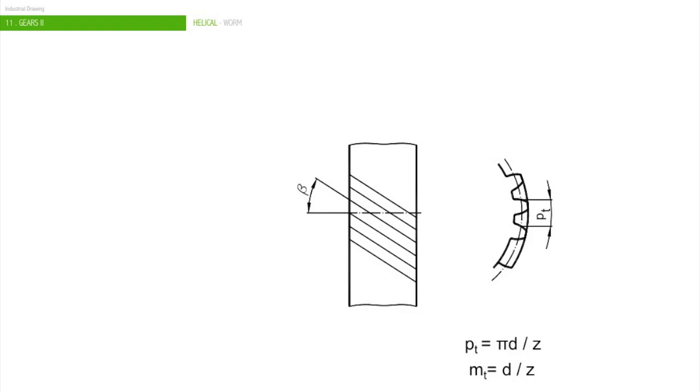We can relate the pitch to the diameter of the pitch circle and the number of teeth. Remember, Z stands for the number of teeth. As a consequence, we get the circular module, the diameter of the pitch circle divided by the number of teeth.